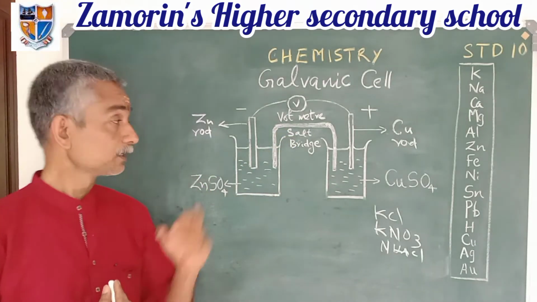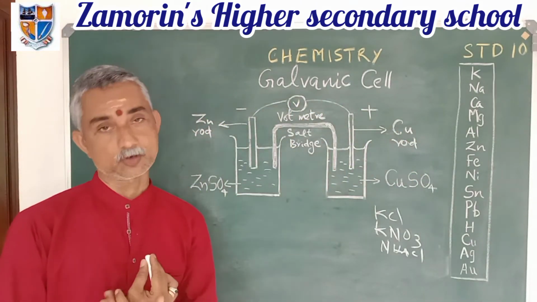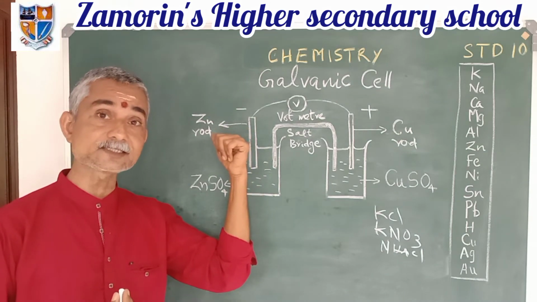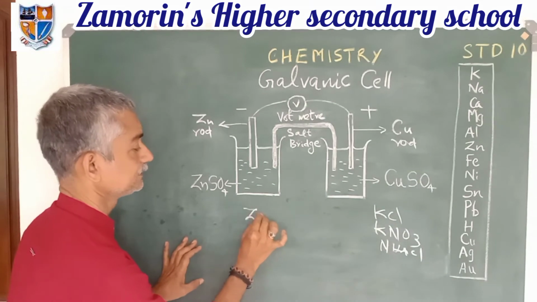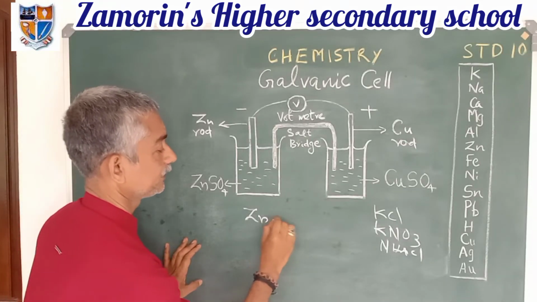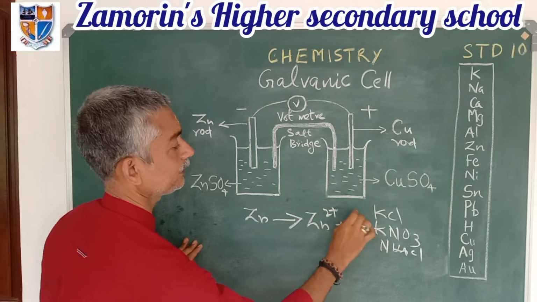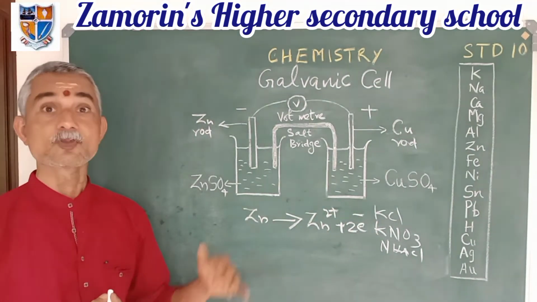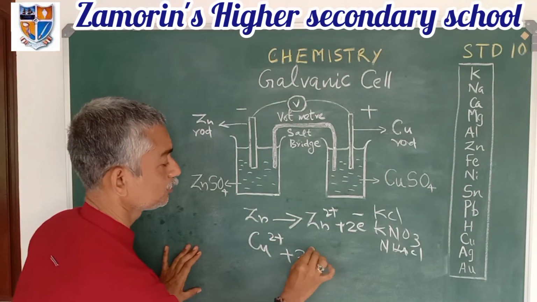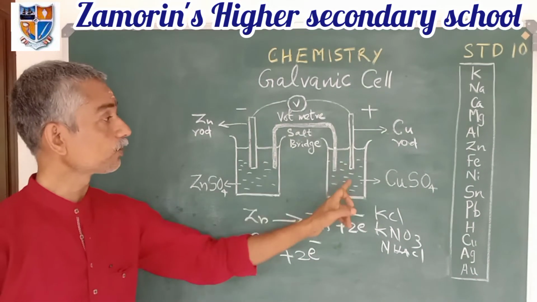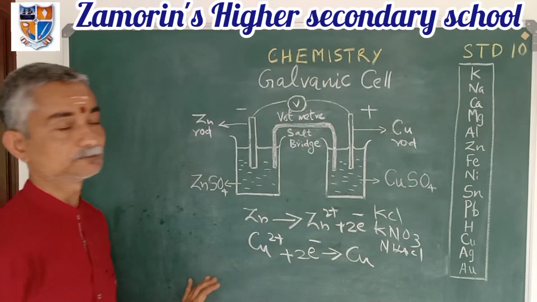Now see the chemical equation at the zinc rod and copper rod. Oxidation takes place here, that is loss of electrons. Zinc gives Zn2+ plus 2e-. For copper, Cu2+ plus 2e- gives Cu. This copper accepts 2 electrons and becomes copper.